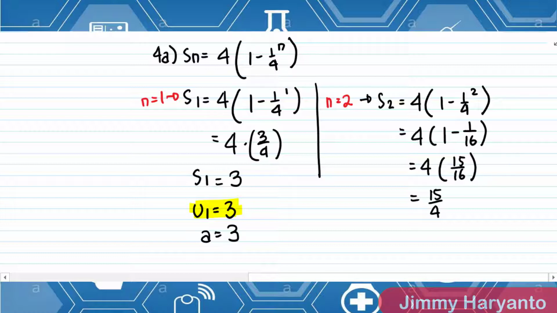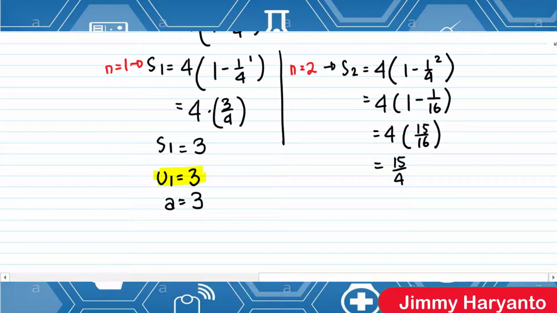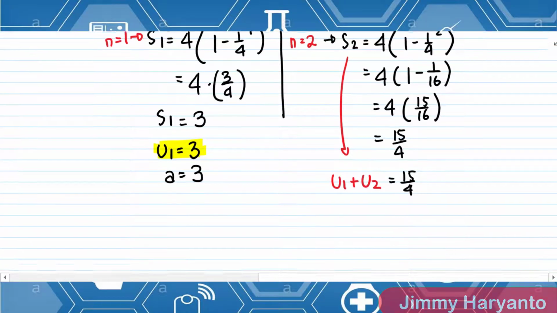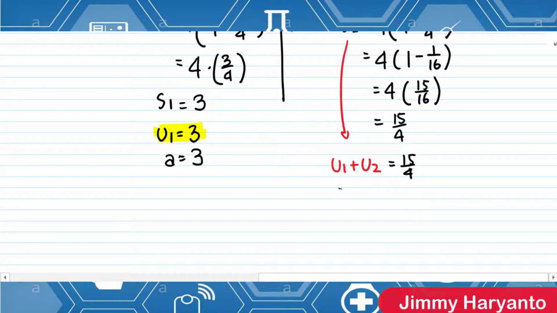But remember, S2 is not U2, not the second term. S2 means the sum of the first term and the second term. So I can tell that U1 plus U2 equals 15 over 4. Since I have U1 equals 3, I can put the 3 into U1 and then I will get U2 from here.